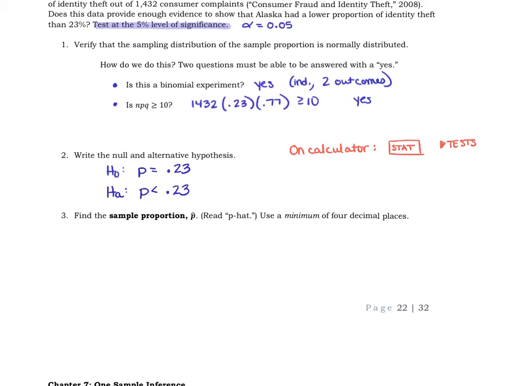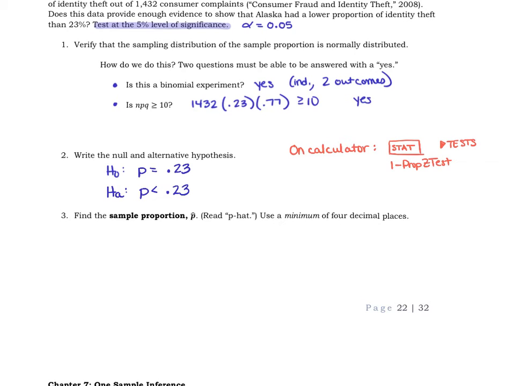So stat, arrow over to tests, and then you're going to see a whole list of tests, and the one that you want to select is the one proportion Z test, okay? On my calculator, it's number 5. It's probably around there for you. But 1-PropZTest, that's the one you're going to look for.